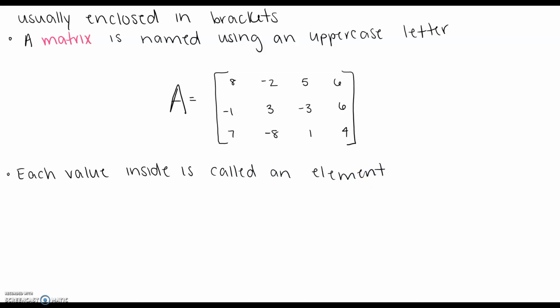The way we name elements is we first go by the row and then the column. For example, right here, -1 is going to be element, and we use a lowercase letter, a, because it's matrix A, and then it's in the second row in the first column.